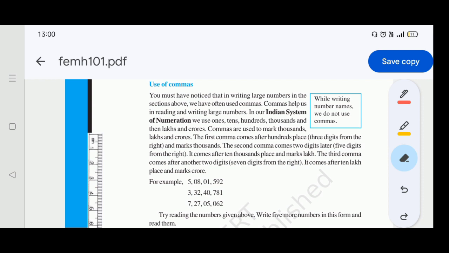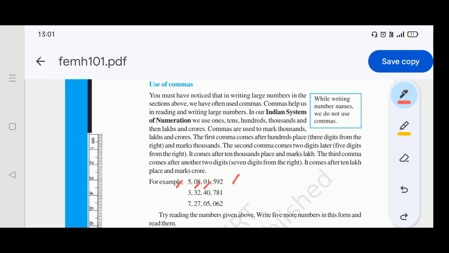The third comma comes after another 2 digits, 7 digits from the right. It comes after the 10 lakh place and marks crore. For example, here we can write 5 crore 8 lakh 1,592.